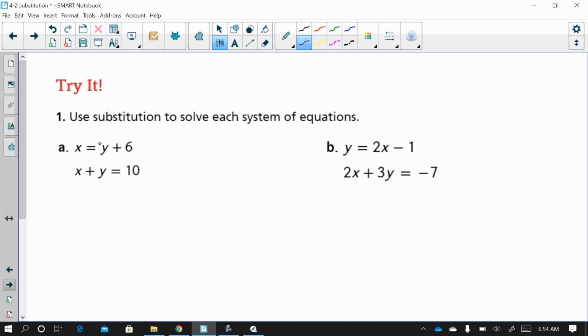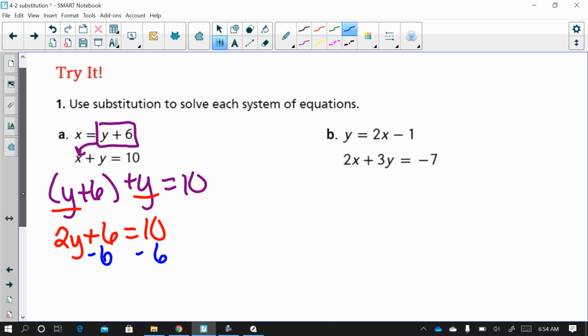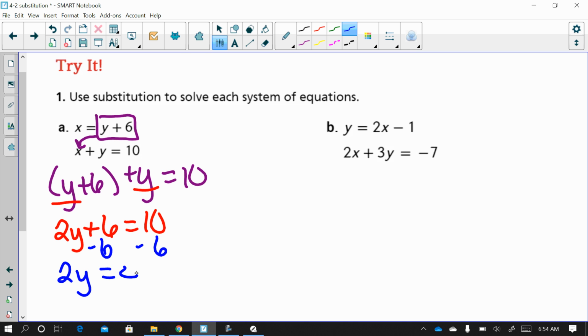Okay, so A is x equals, so I'm taking this stuff and stuffing it in for x. So instead of writing x, I'm going to write y plus 6, plus y equals 10. No distributing needed, so I just combine my like terms. 2y plus 6 equals 10. To get y alone, we're going to subtract 6. 2y equals 4.